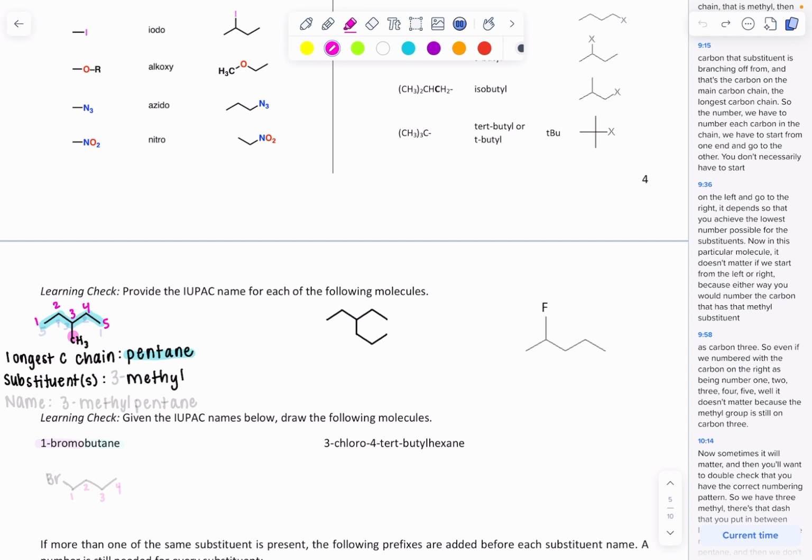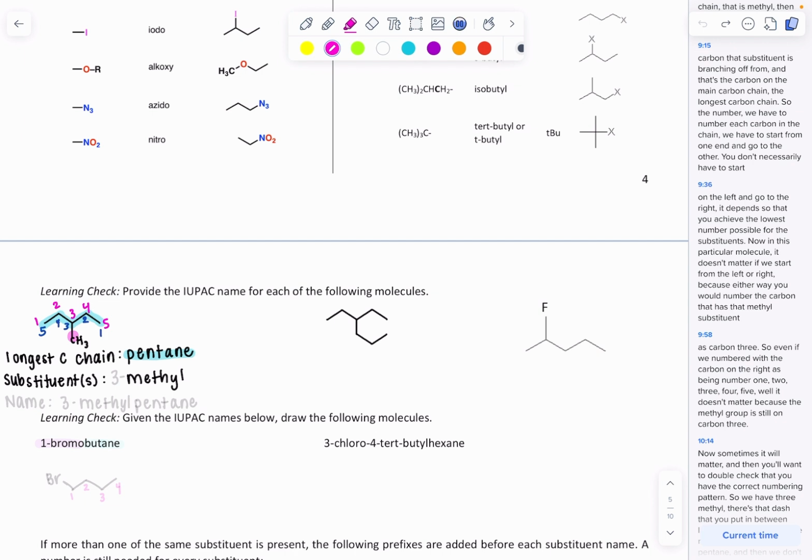Now, in this particular molecule, it doesn't matter if we start from the left or right, because either way, you would number the carbon that has that methyl substituent as carbon 3. So even if we numbered with the carbon on the right as being number 1, 2, 3, 4, 5, well, it doesn't matter because the methyl group is still on carbon 3.